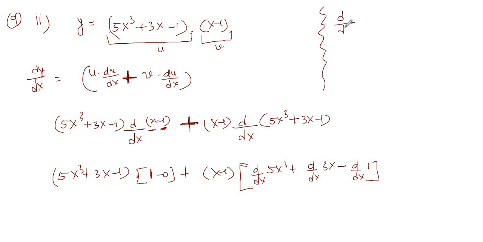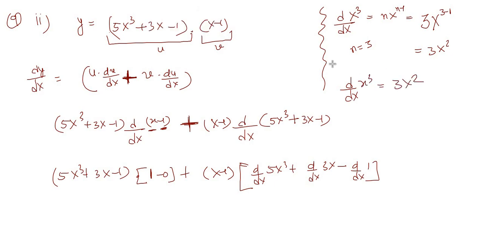So let us see here. Remember, d/dx of x cube, how to find out? We will apply this formula. What is n here? It is 3. So can I write 3x raised to power 3 minus 1, which is 3x squared. This is a formula you can memorize because it will be useful in many coming questions. The derivative of x cube is 3x squared. So I will use it here.